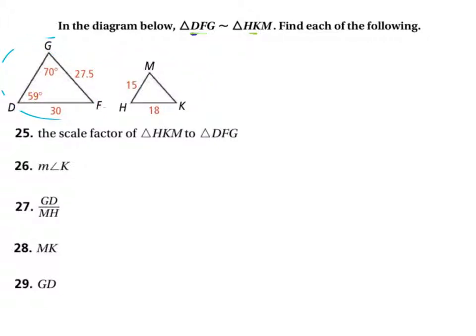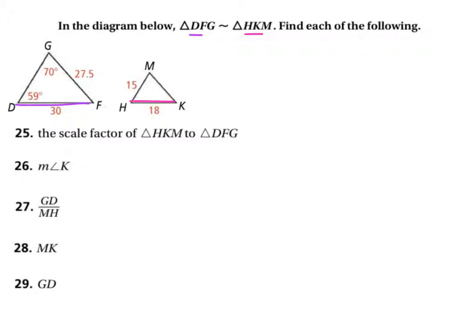So erase all these marks. And let's see what we know. Small to big, which sides do we have matches for? We have a match for this small triangle has this side HK of 18, and HK matches up here with DF, and DF has a measure of 30.